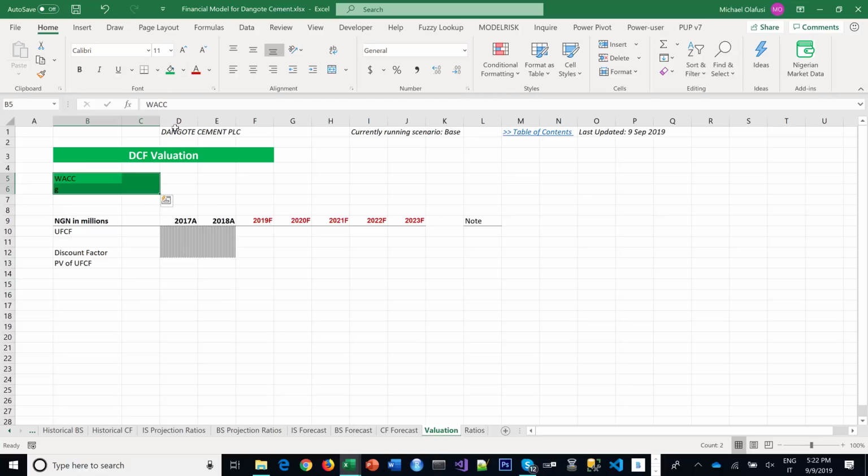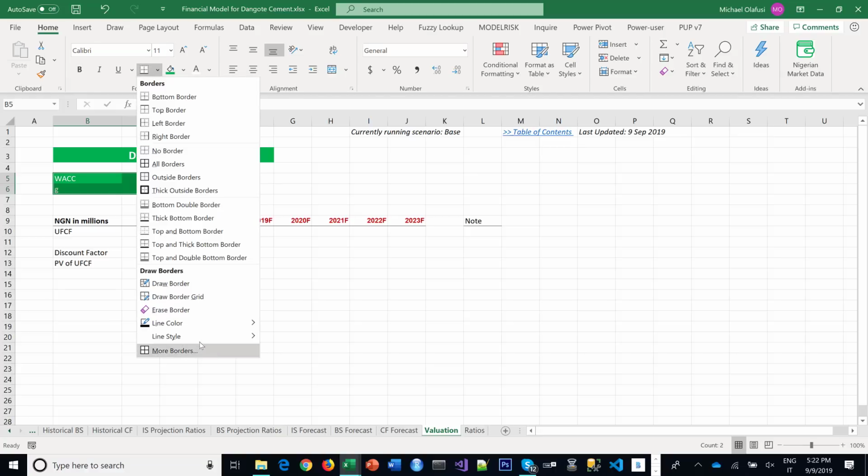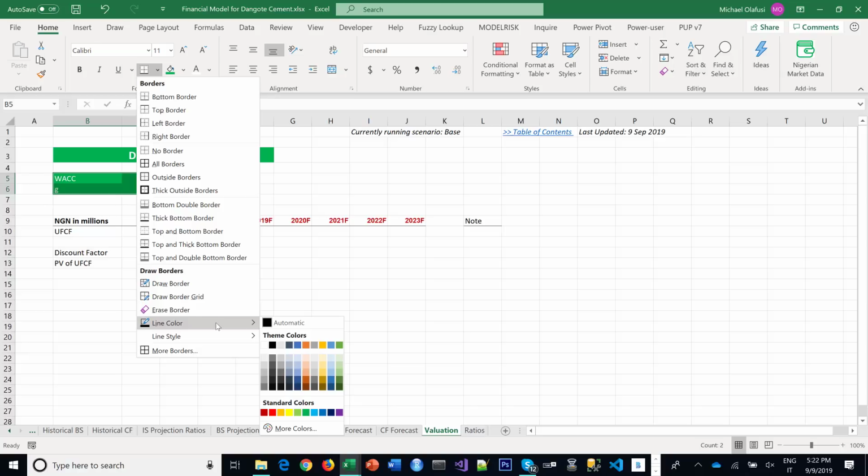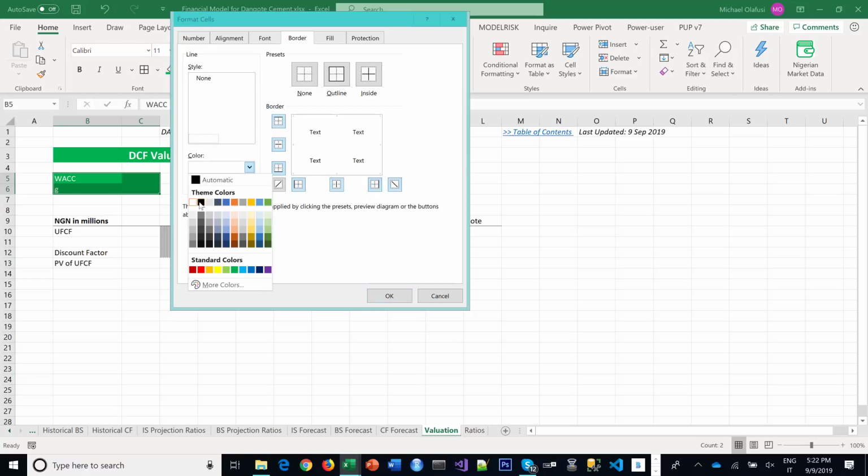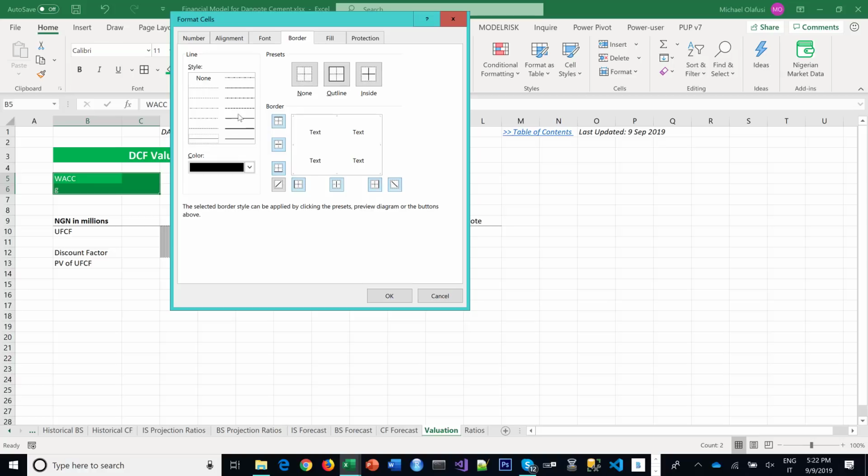Because I need you to enter some things here, I can deliberately make them very obvious. I can include some border that will be white, and then I'll make it white. Now there's a problem. I can't see what the colors look like, so let me bring them back as black.